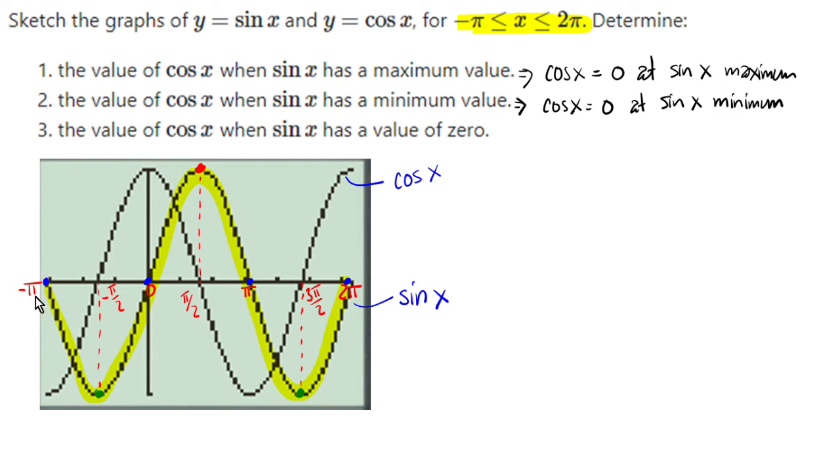What we want to notice is that at the x-intercept over here, where sine of x is 0, cosine of x is negative 1. At the next x-intercept of sine, cosine is positive 1. And then it's negative 1, and then it's positive 1.